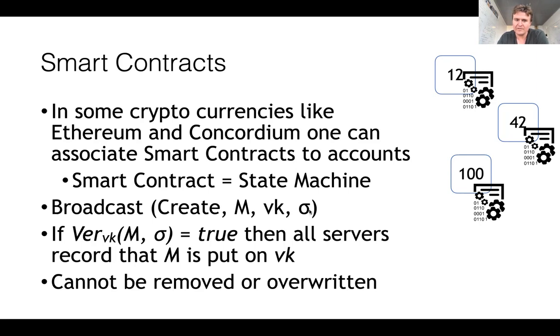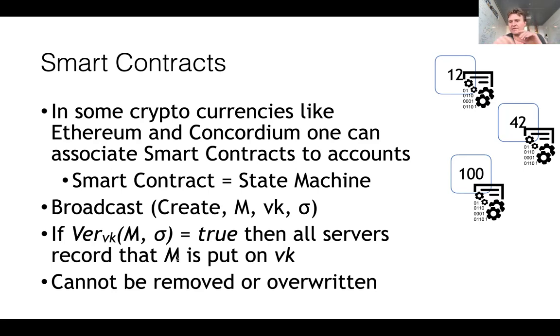You send it with a signature. And if the signature is valid under the verification key, which is the name of the account, then all the servers in this replicated system will take M and associate it with the smart contract. And then it can't be removed or overwritten. It sits there forever, and that's what makes it a contract.